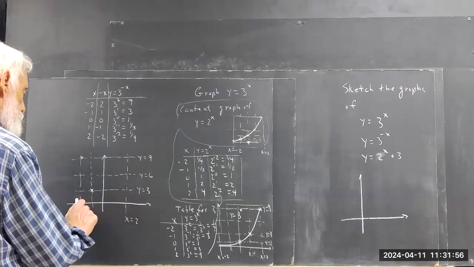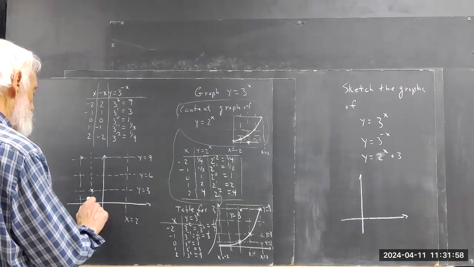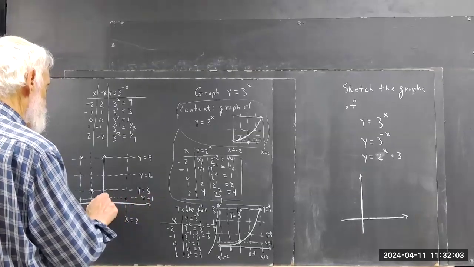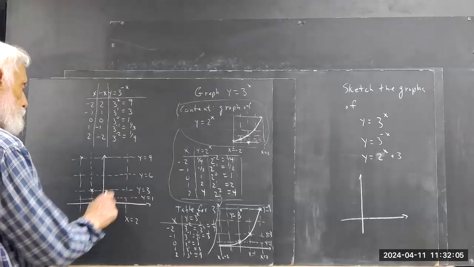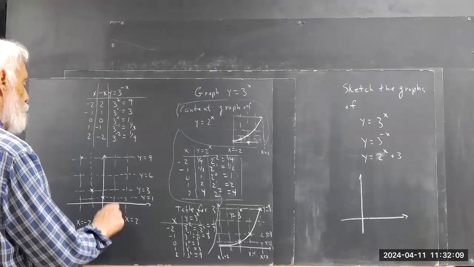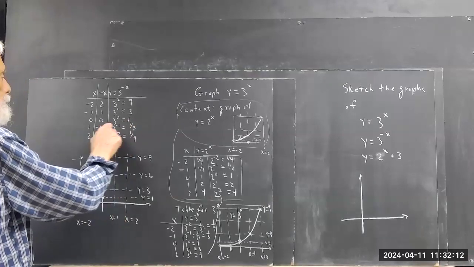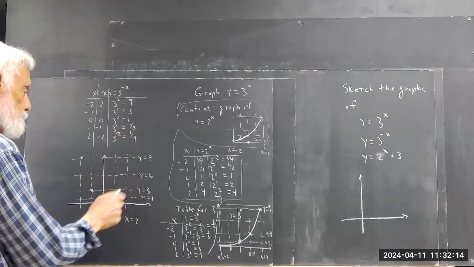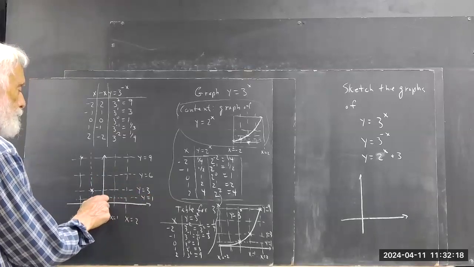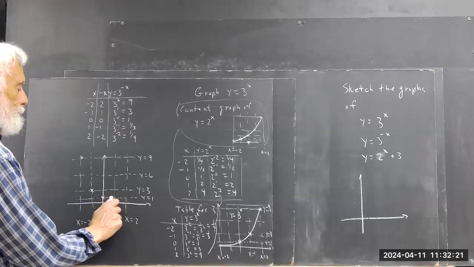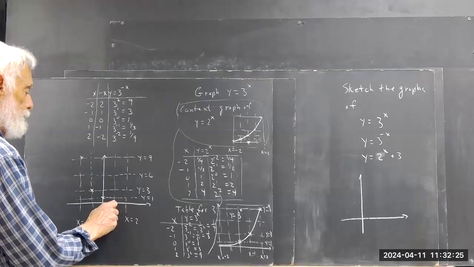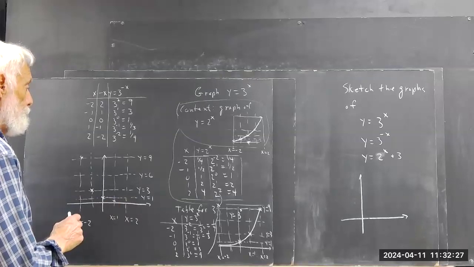Now, we have to have a line for y equals 1, which might be about here. And that goes with x equals 0. And now when x equals 1, we're going to get y equals 1/3. Where's 1/3? 3 times as close to the x-axis as 1. If this is how far 1 is from the x-axis, then that's about 3 times as close.